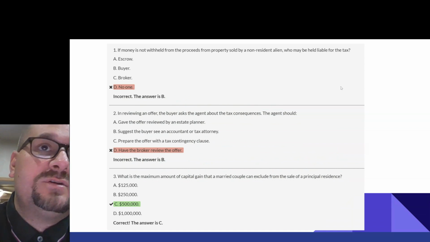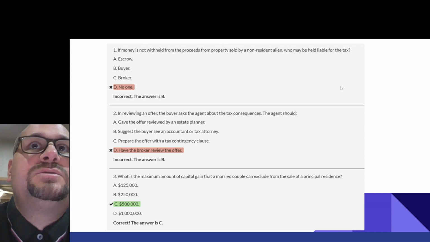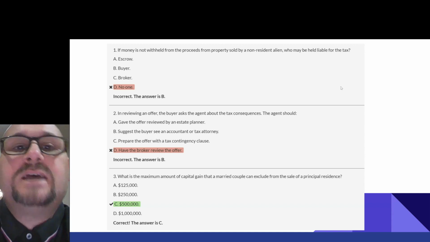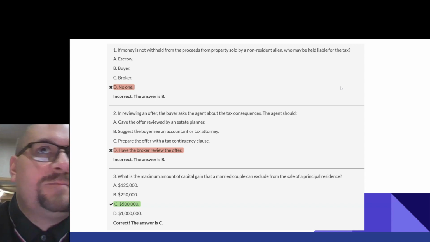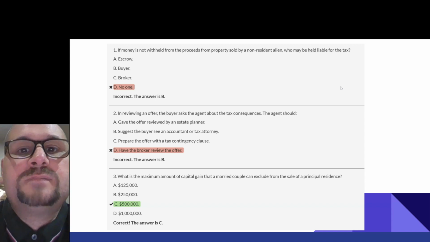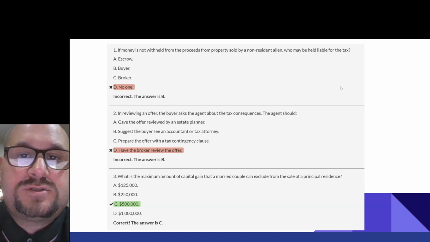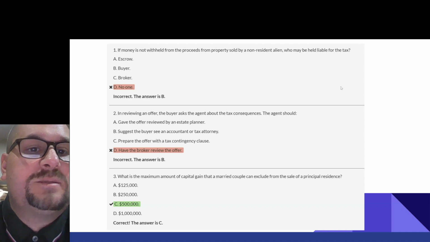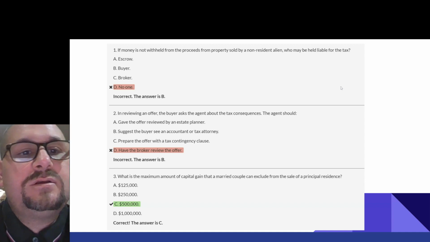You have a fiduciary duty. So your fiduciary duty is to advise them that you're not a tax person. They should seek tax assistance from a tax professional, such as a CPA, certified public accountant. So the agent should suggest the buyer see an accountant or tax attorney.